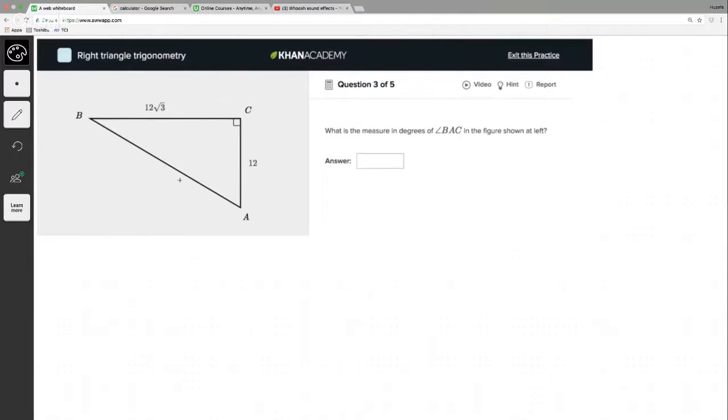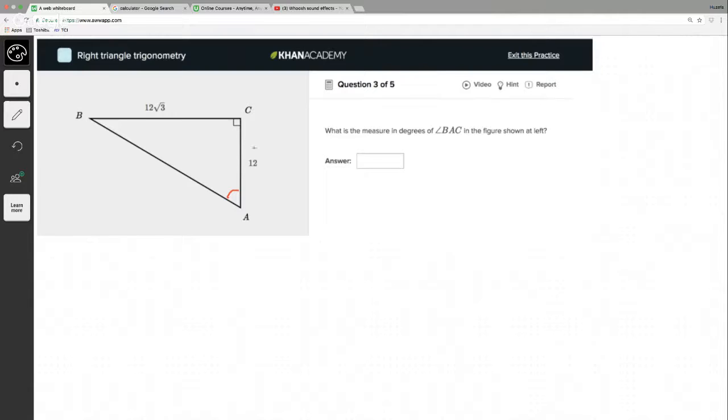Let's do this one here. What is the measure in degrees of BAC in the figure shown? So we want BAC. We want this angle down here in red. I'm pretty sure we need some trigonometry. No, we don't. Again, they're using a 30, 60, 90. And I know that because of the ratios.